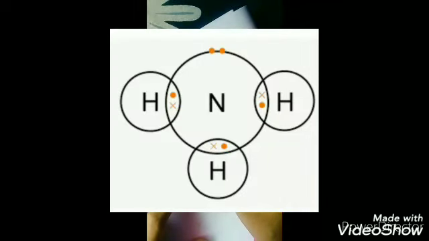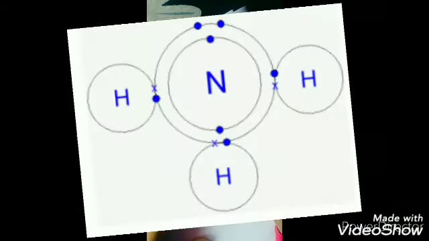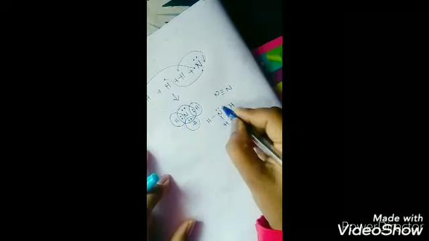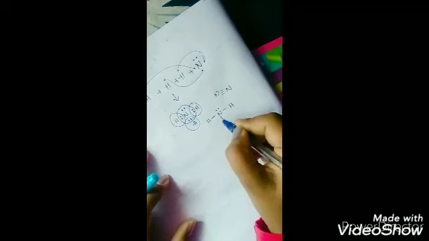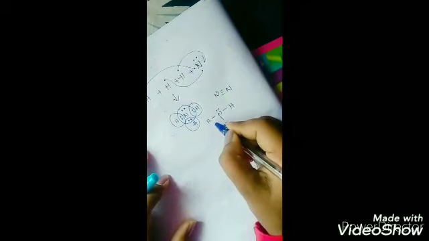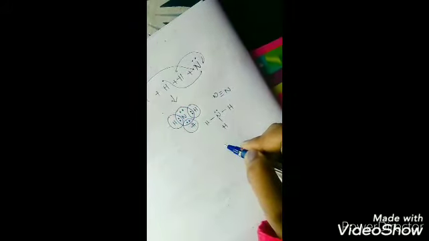This is the structure for NH3, that is ammonia. If you draw this structure like this also, one hydrogen, this is another hydrogen, 3. If you see this structure, nitrogen satisfied its valency, that is 3, that means it forms 3 bonds here. Hydrogen valency is only 1. It has formed only 1 bond. This is about the structure of NH3.